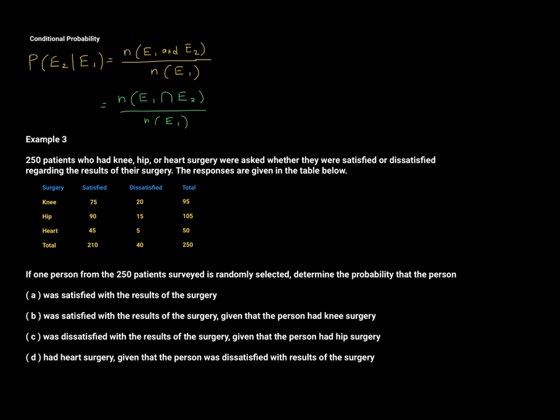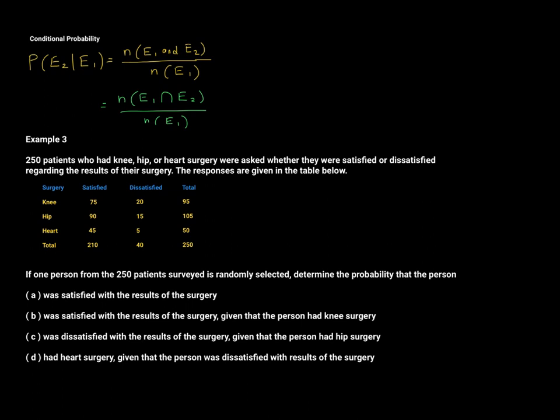So when you add up all of the satisfied surgery patients, 210 total out of 250 patients are satisfied with their surgery. 40 out of 250 are dissatisfied. And so when you add up all the satisfied and dissatisfied patients, you get the total population of 250 patients.